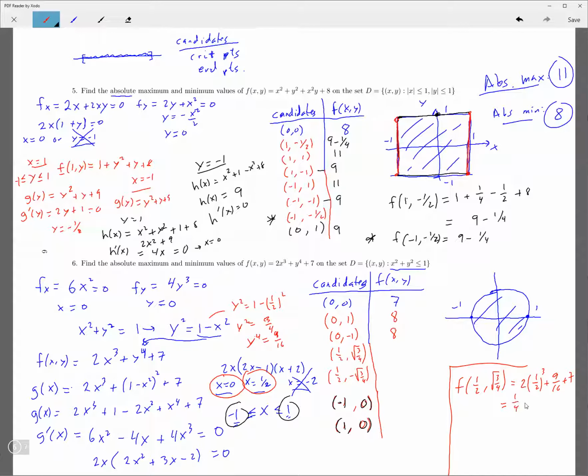That's going to be 1/4 plus 9/16 plus 7. You don't have to calculate this because it's not going to work.